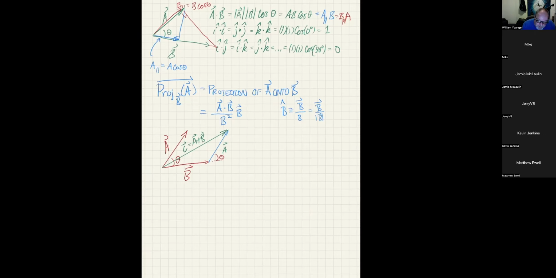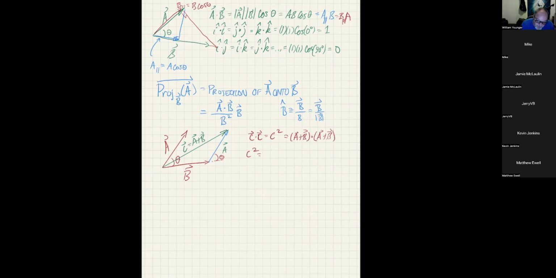So now I can take C dot C, and that's going to be equal to C squared, but it's also going to be equal to A plus B dotted with A plus B. So I'm going to get C squared, which literally means C times the cosine of 0, but cosine of 0 is 1.